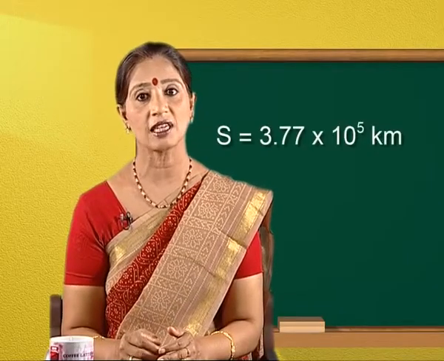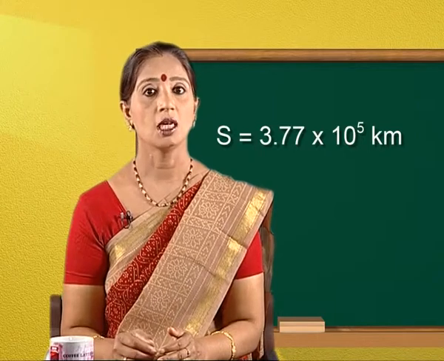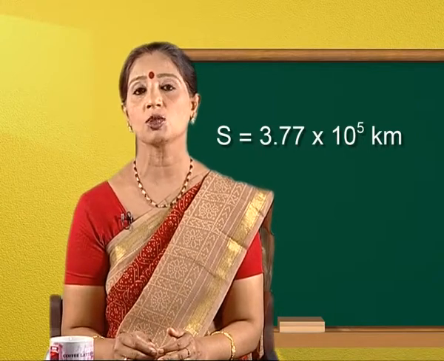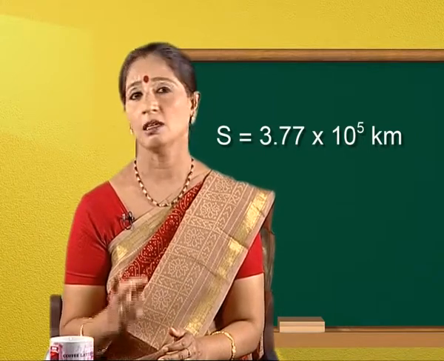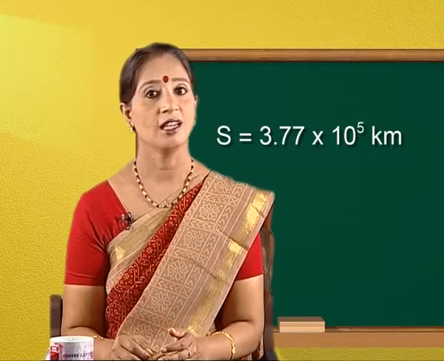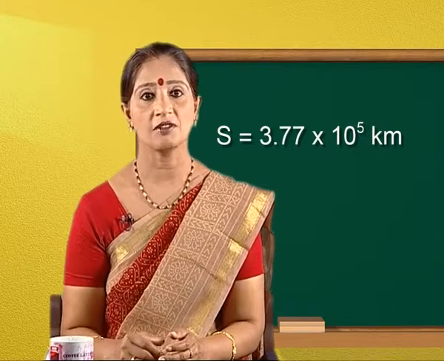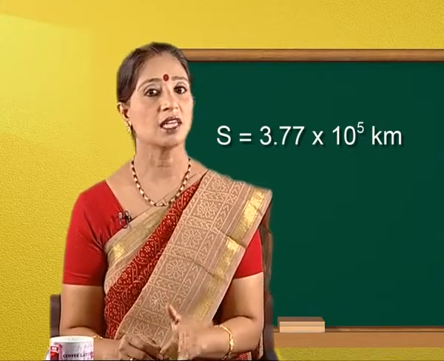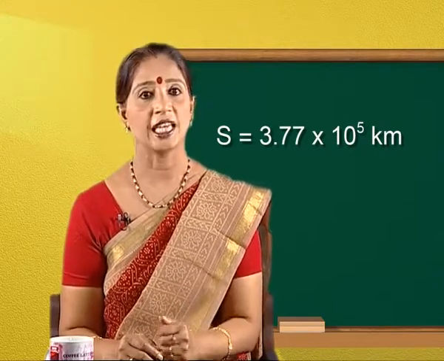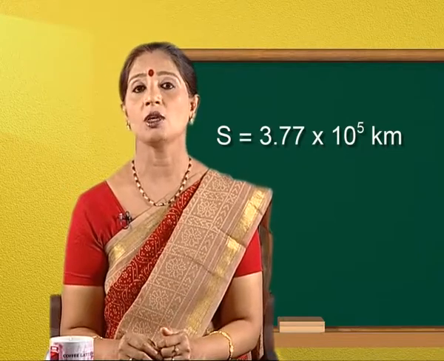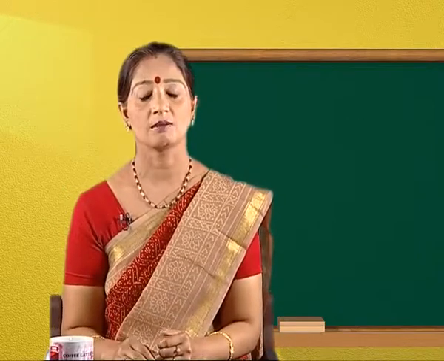Does this number have 6 significant figures? No, this measurement is given to an accuracy of only 3 significant figures. The 3, the 7 and the 7 are significant. The last 3 zeros merely indicate the correct location of the decimal point.